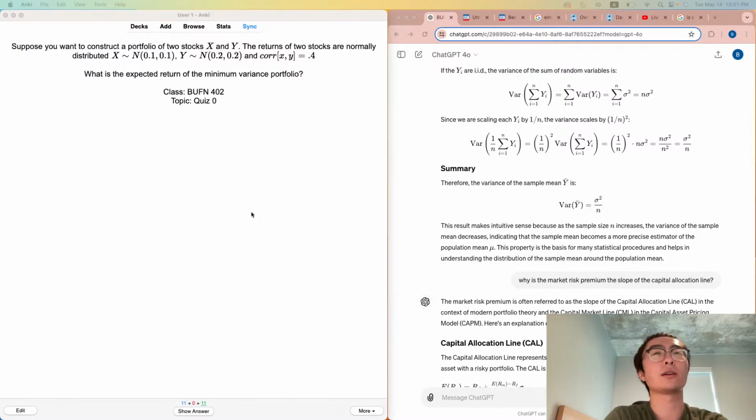We're given the correlation here, so we have to do 2 times w times 1 minus w, times the correlation between x and y, multiplied by the standard deviations of x and y, so the square root of the variance. Yeah, that's rough.